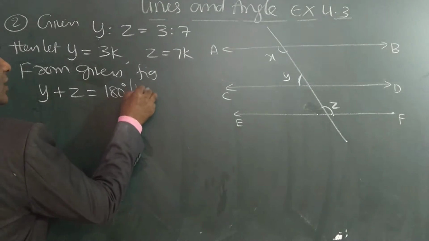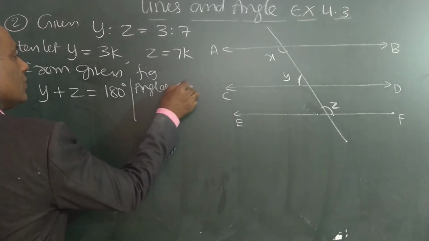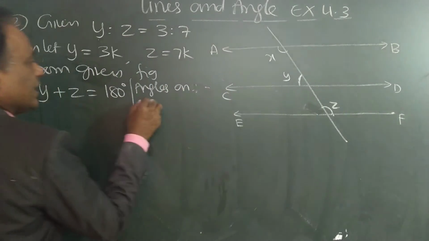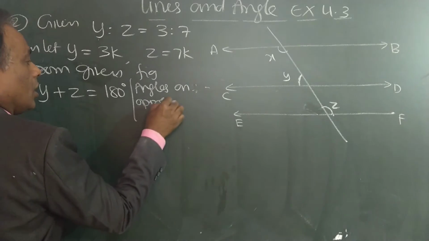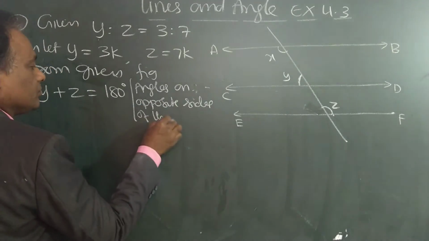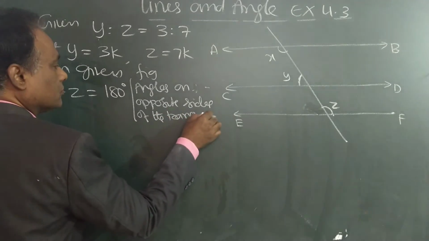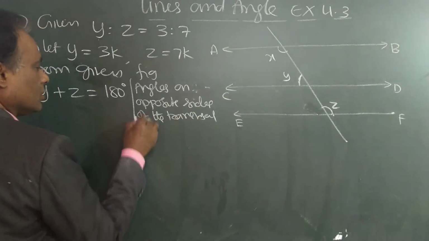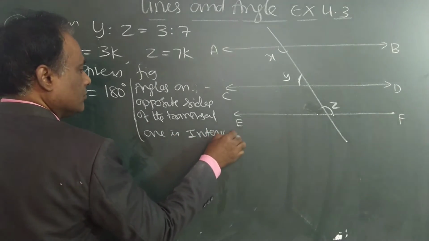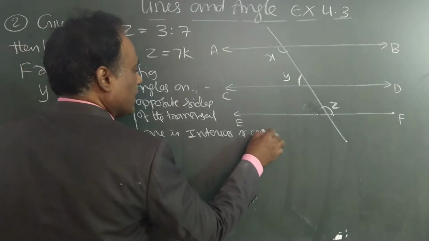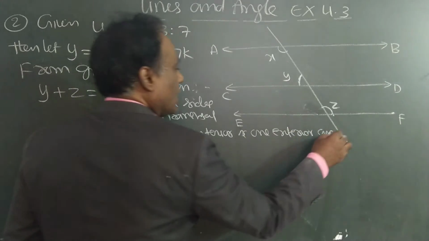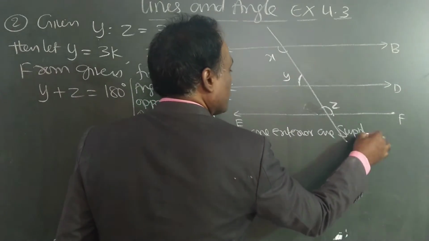I am writing the reason also: angles on opposite sides of the transversal, one is interior and one is exterior, are supplementary. Supplementary means the sum is 180.